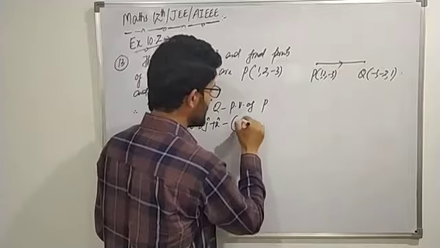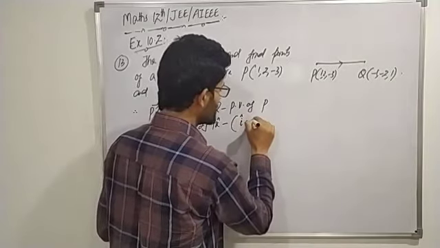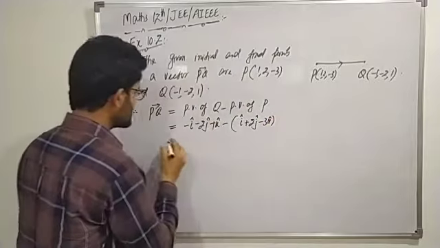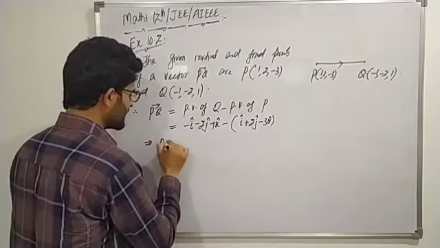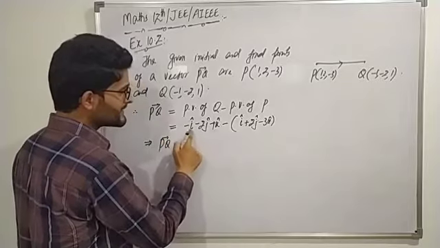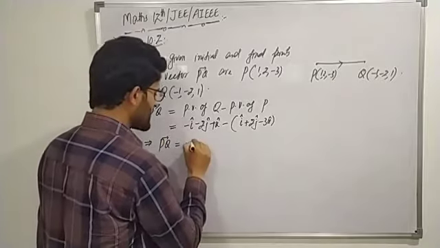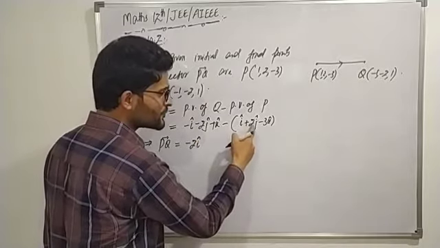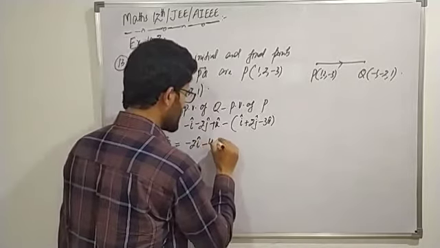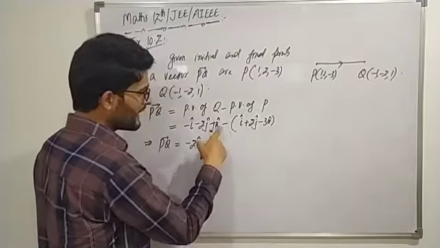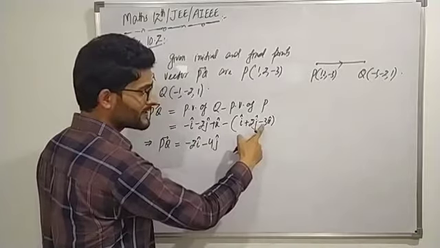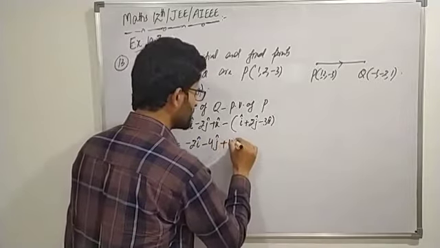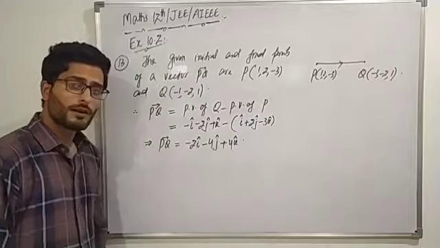The position vector must be i plus 2j minus 3k, which implies the PQ vector is then equal to minus i minus i, that is -2i, -2j minus 2j, that is -4j, plus k, minus into minus is plus, so plus k plus 3k, that is plus 4k. This would be the vector PQ.